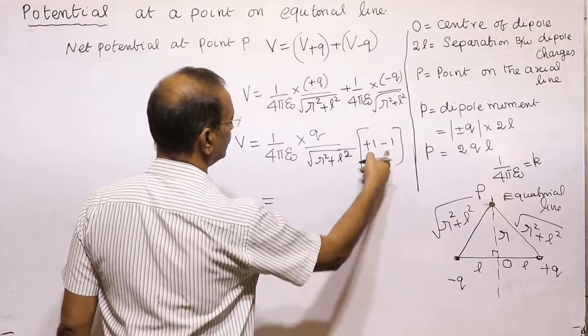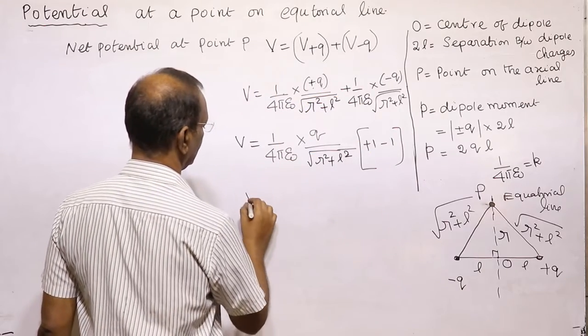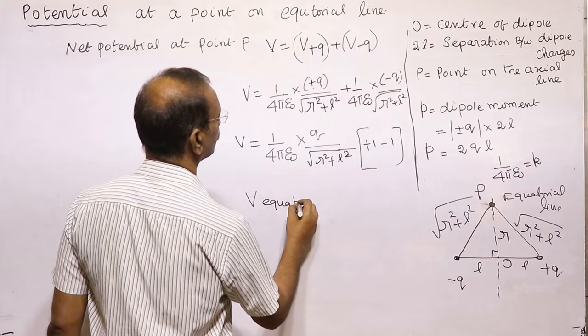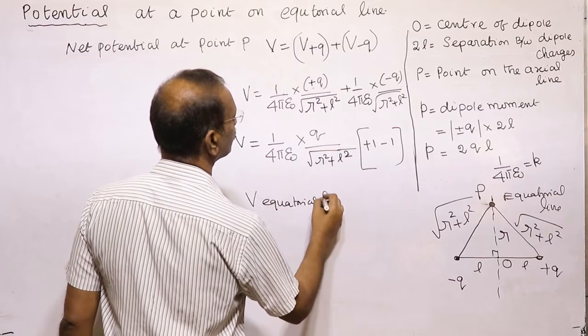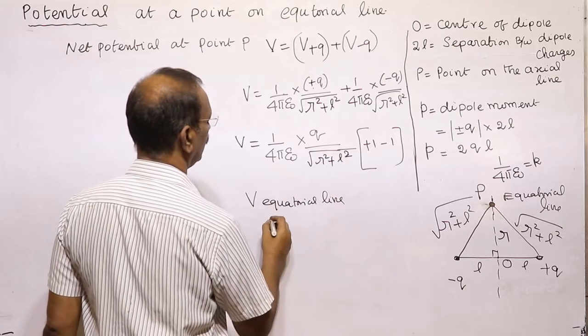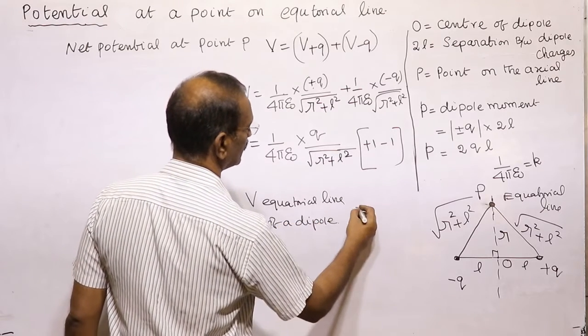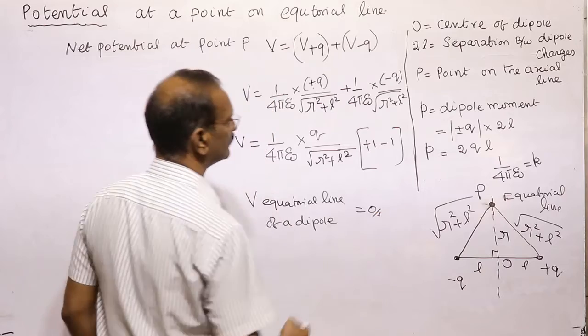So plus 1 minus 1 is equal to 0. Therefore, the potential on the equatorial line of a dipole is equal to 0.